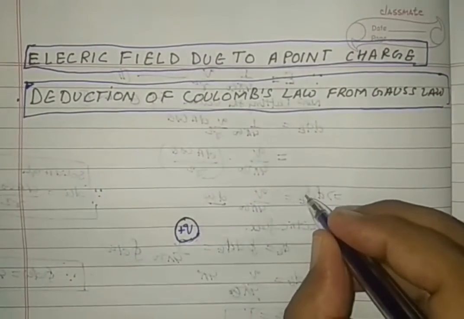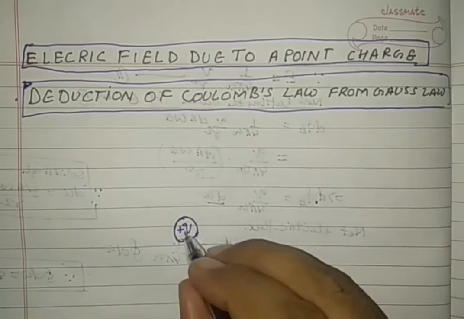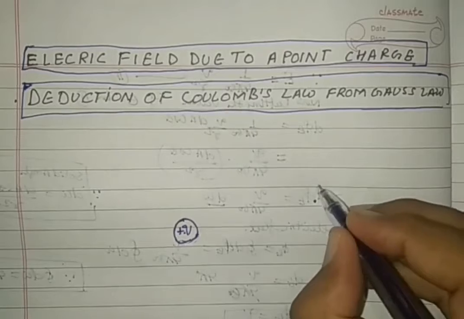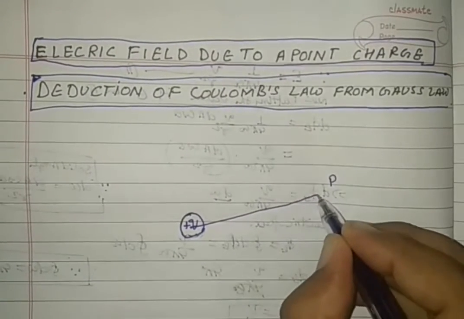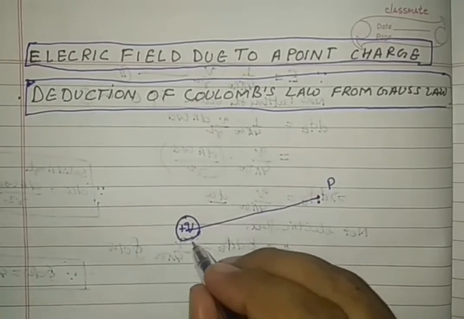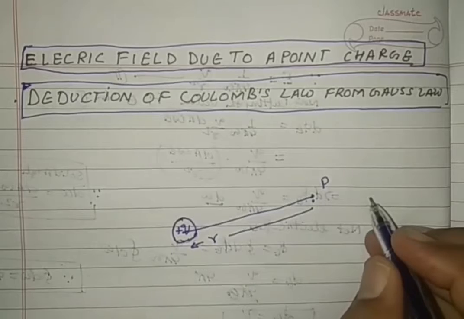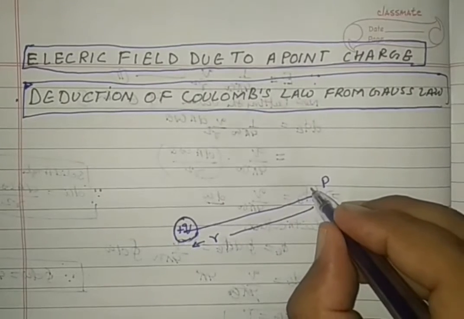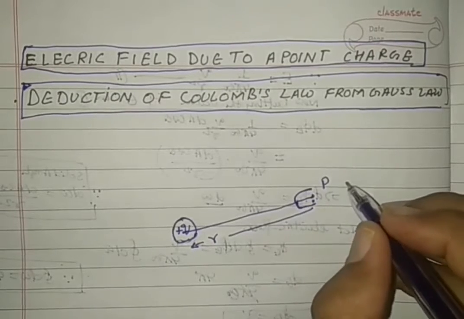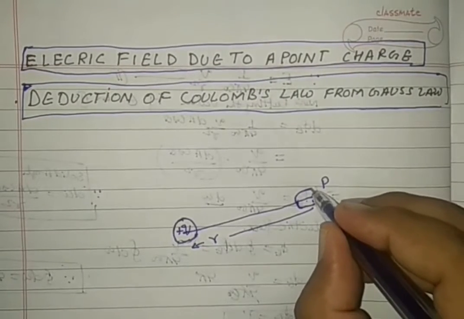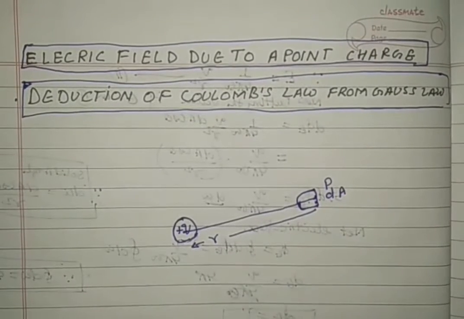Let us consider a point P here, at R distance away from it. We are going to take a small area dA here.